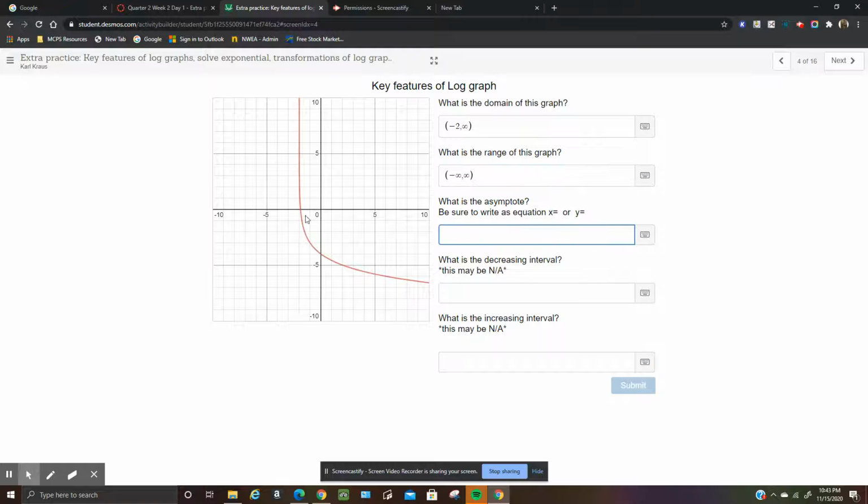The asymptote, we already talked about, x equal negative 2. Decreasing, this is decreasing all along the domain, so negative 2 to infinity. And this increasing is NA.